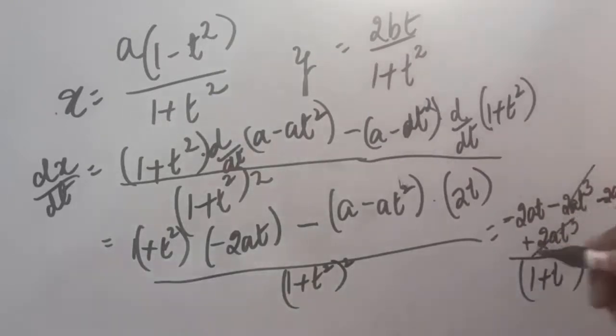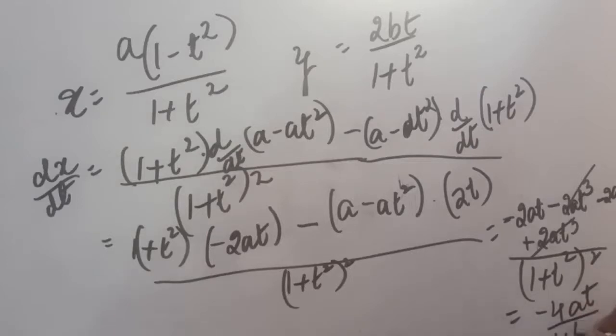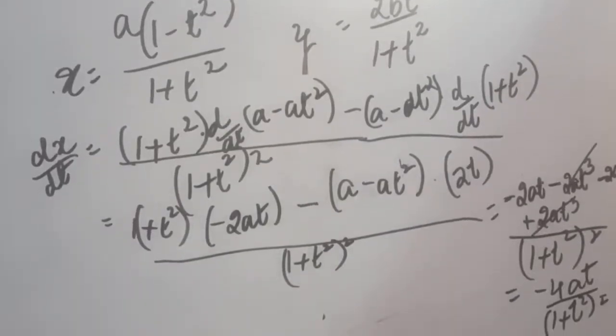So these will be deleted, correct? So ultimately our first answer is minus 4at divided by 1 plus t square whole square. So this is what you will get.